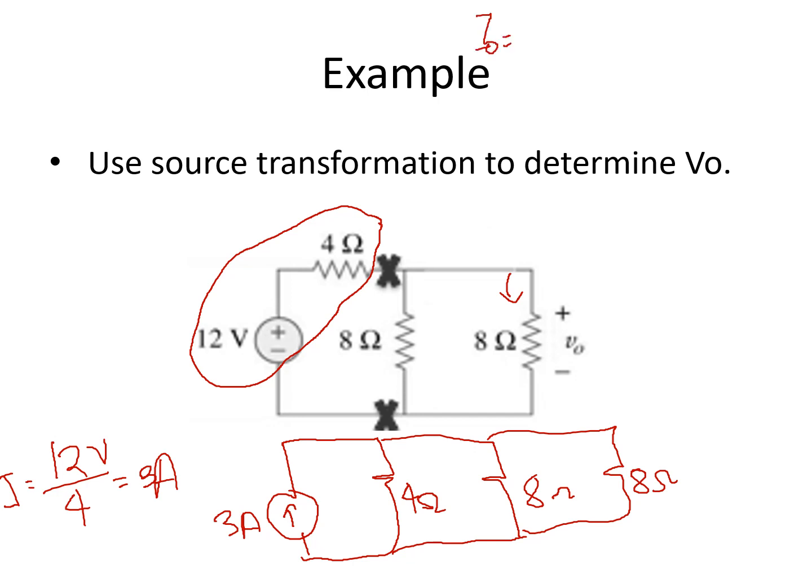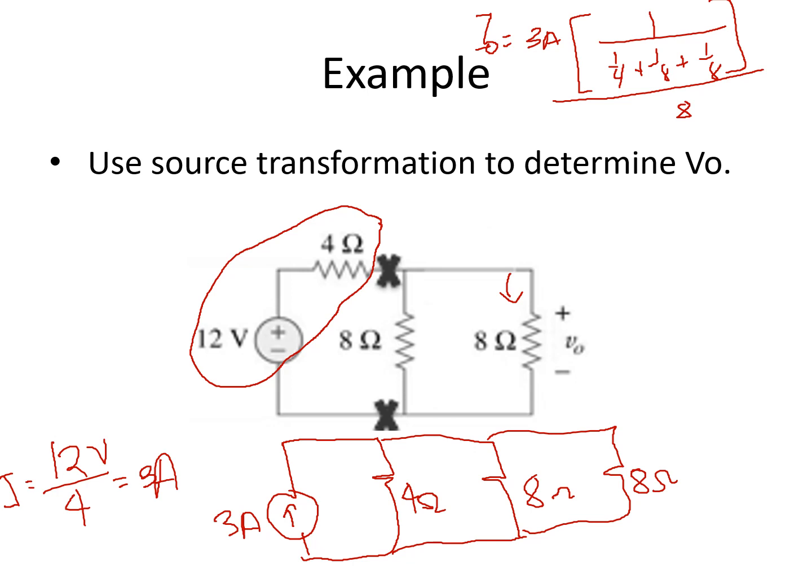Io is equivalent to 3 amperes multiplied by the equivalent resistance of the 3 parallel resistances, 1 over (1/4 plus 1/8 plus 1/8), divided by 8, because we want to solve for the voltage across this one.